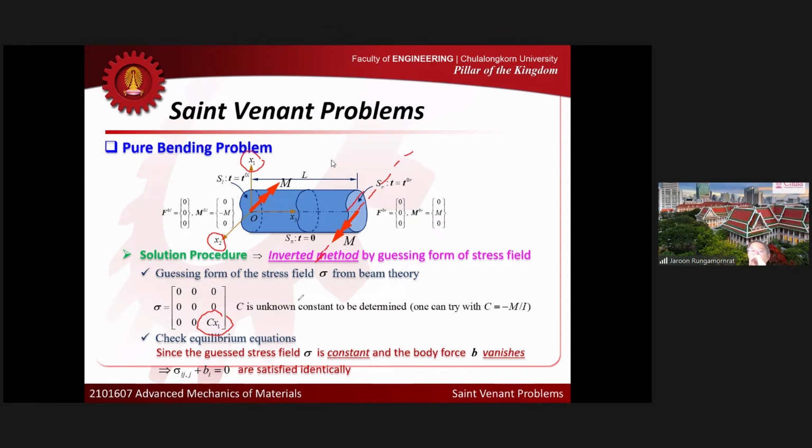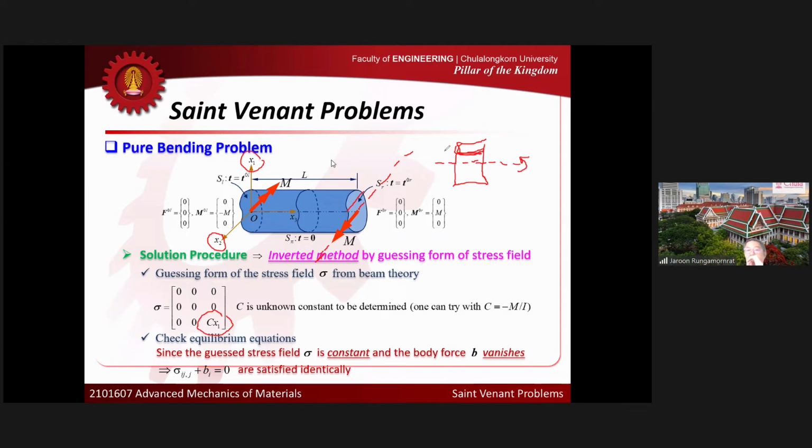Think about the case of a rectangular cross section. If you apply the bending moment about that axis, what happens to the stress field? The bending stress at any location on a line with the same distance from the neutral axis is the same, right?